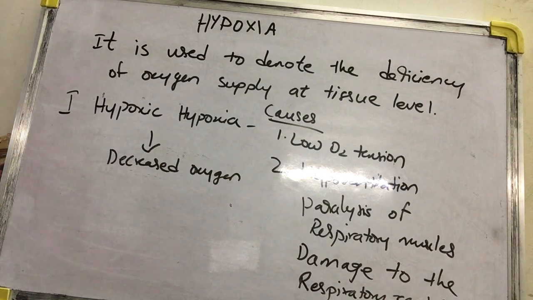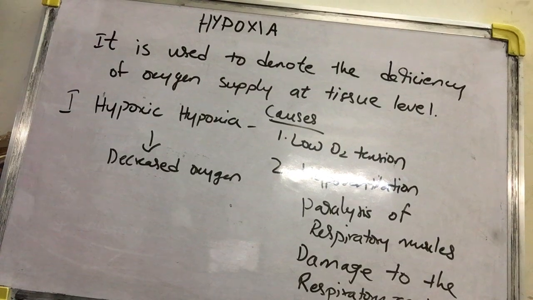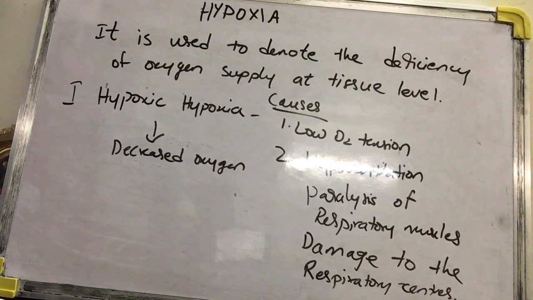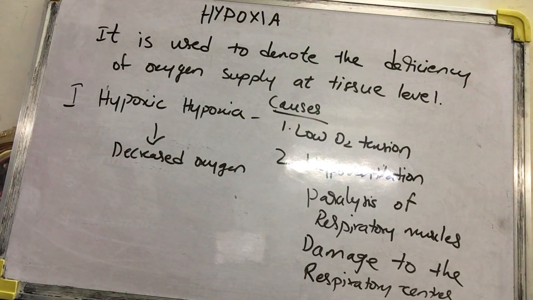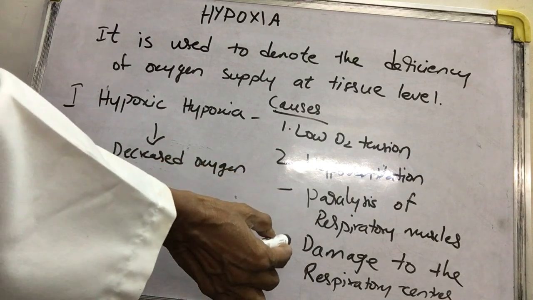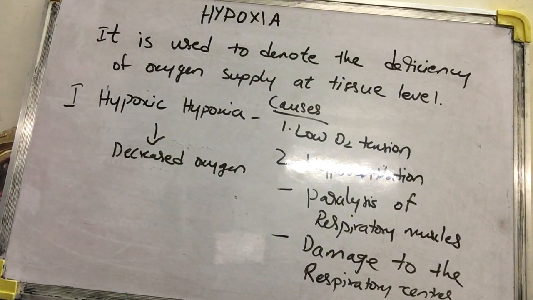So one cause of hypoxic hypoxia is low oxygen tension, which can be seen at high altitude and when giving artificial gases. Then another cause is hypoventilation, which can be due to obstruction to the respiratory passages, decreased lung compliance, paralysis of the respiratory muscles, or damage to the respiratory centers, due to injury or brain tumors.